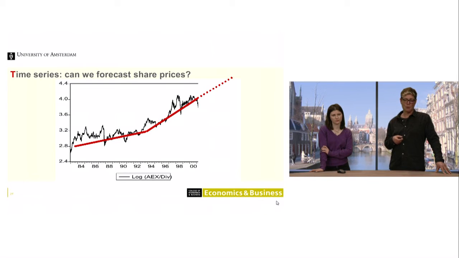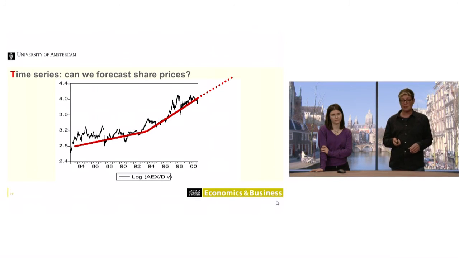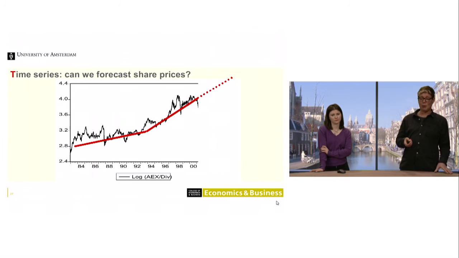Well, think for a moment whether this should hold or not. Actually, it's a very specific time, because we had an internet bubble. So in 2001, the index crashed, going down to almost 2.